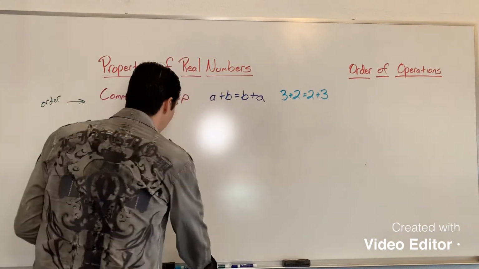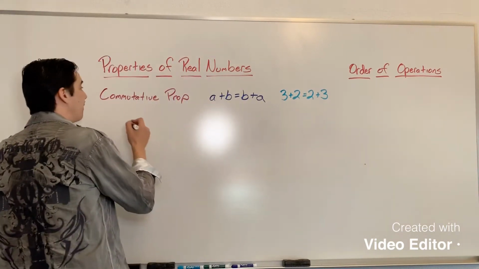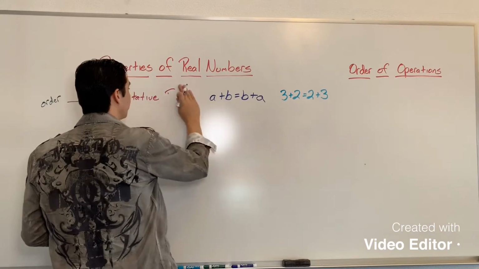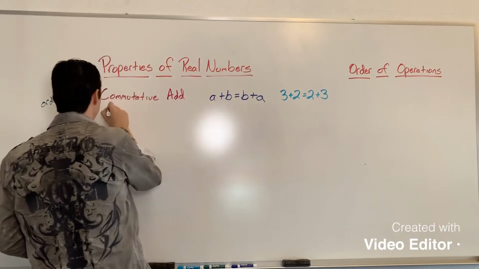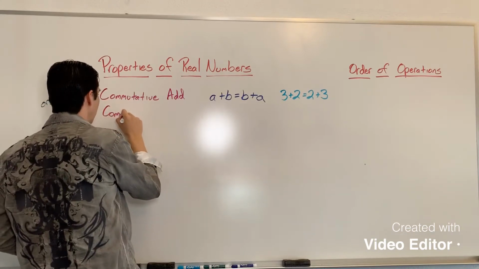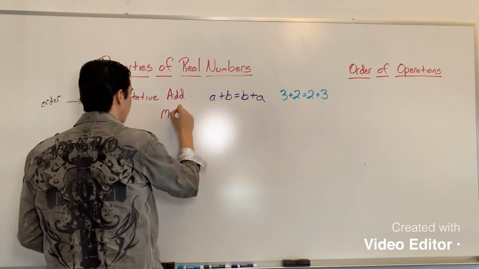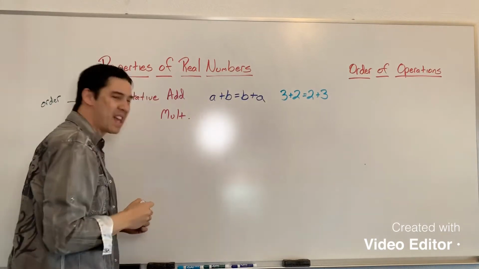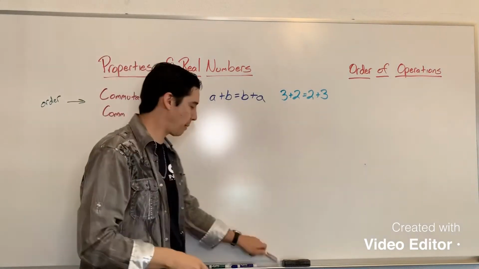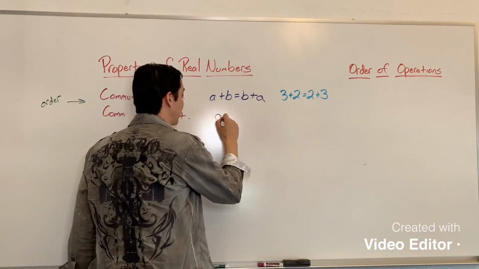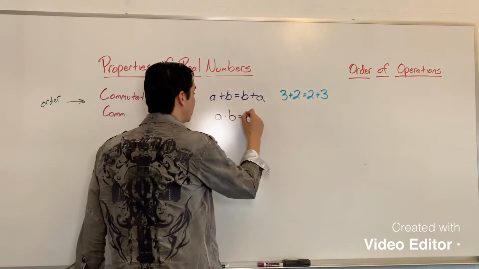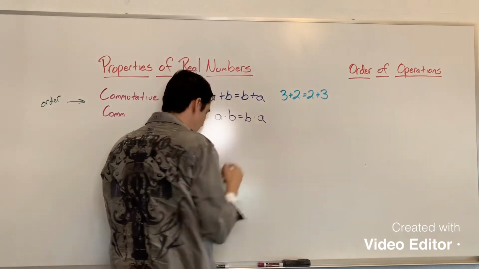We also have the commutative property of multiplication. And you'll never guess what that is. Can you tell me what it is? A times B is equal to B times A. Right?